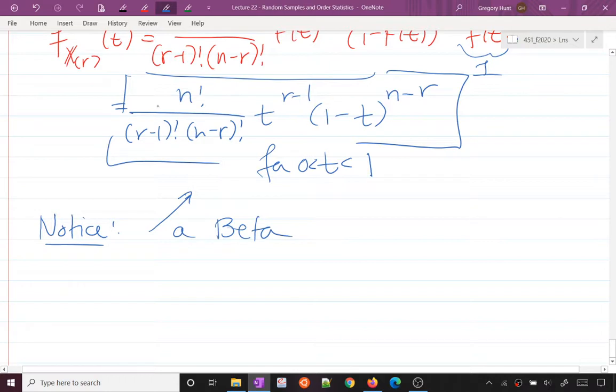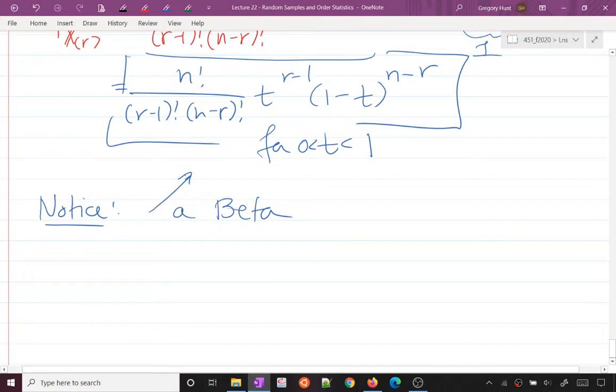Beta is something out front involving gamma functions, factorials, x to some power, 1 minus x to something. Here we have t instead of x. And if you figure out how to match up the parameters, it shows us that X of r has a beta distribution with parameters r and n minus r plus 1.